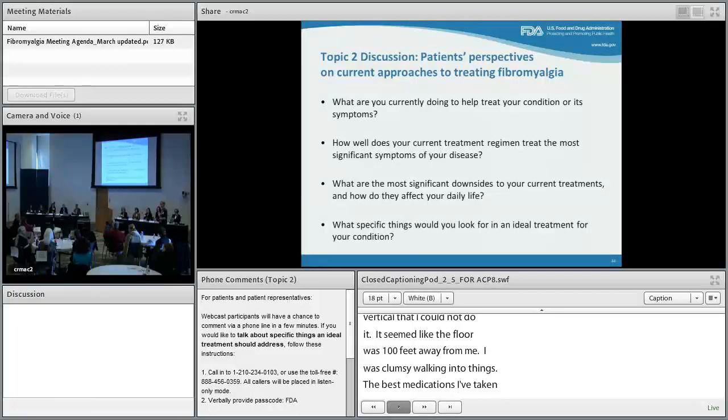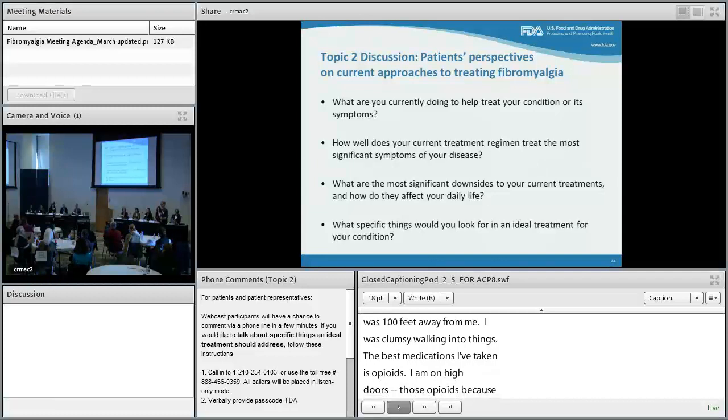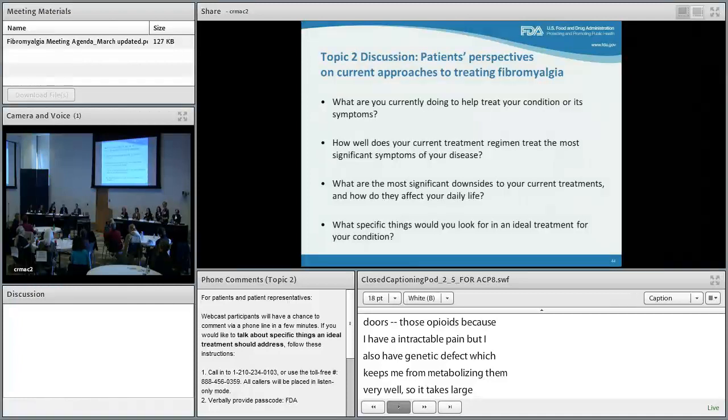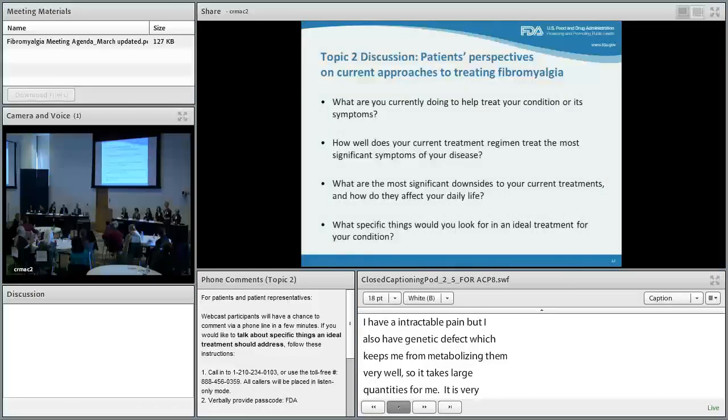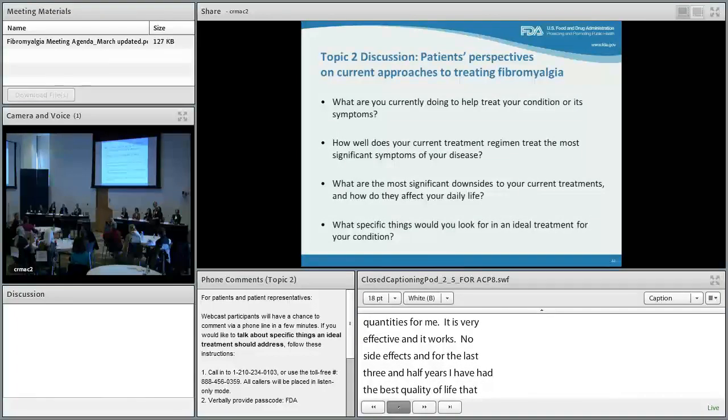And I am on high-dose opioids because I have intractable pain, but I also have, I'm thinking, a genetic defect which keeps me from metabolizing them very well, so it takes very large quantities for me. And it's very effective and it works. No side effects. And for the last 3.5 years, I've had the best quality of life that I've had since I was a teenager.